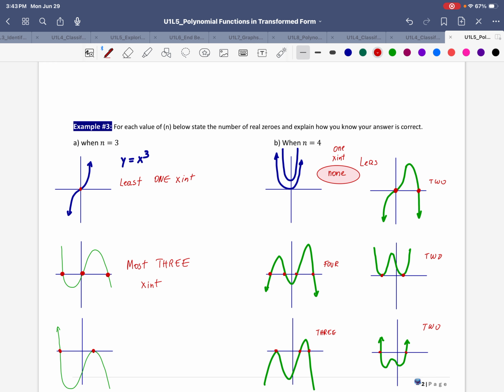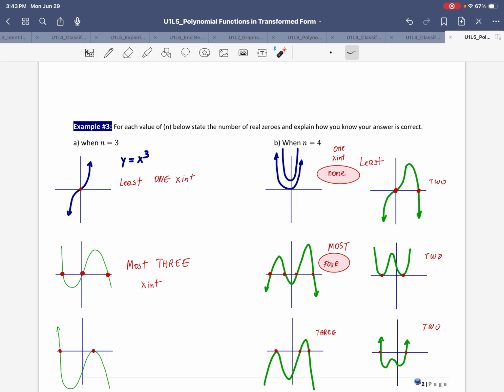And the most will be equal to 4. So that will equal the degree of the function. And as we've mentioned in the past, the most number of x-intercepts any polynomial function can make is equal to the degree. And for the least number of x-intercepts, the degree matters because all odd degree functions will have to make at least 1 x-intercept, whereas even degree polynomial functions can escape the x-axis without making any contact at all.